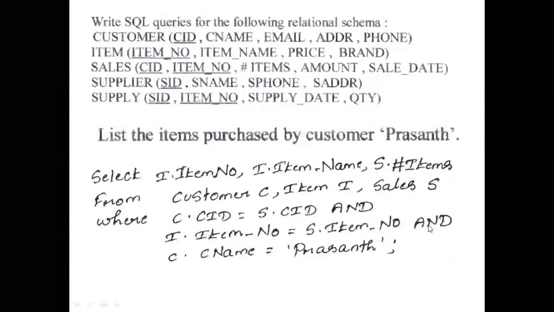And finally, we'll include C dot C name is equal to Prashant. So this is the complete query where we will join three tables along with the condition, that is customer name. So this is the first query.